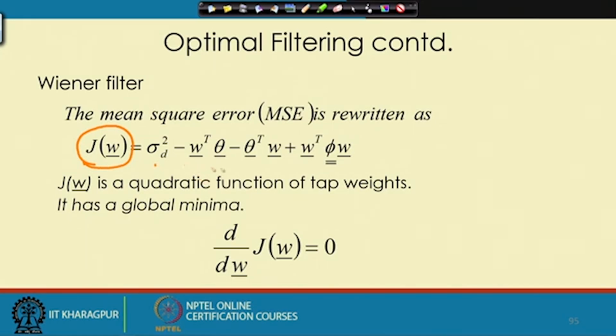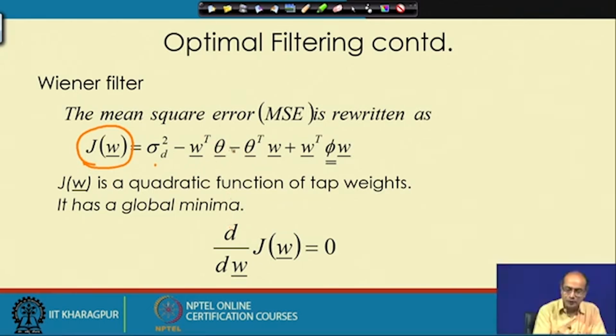The second and the third terms are nothing but the cross terms of the weight and the vector theta. Theta is the cross-correlation vector between the observed signal and the desired signal. And at the end we get the term involving phi, which is the autocorrelation matrix of the observed signal x[n].